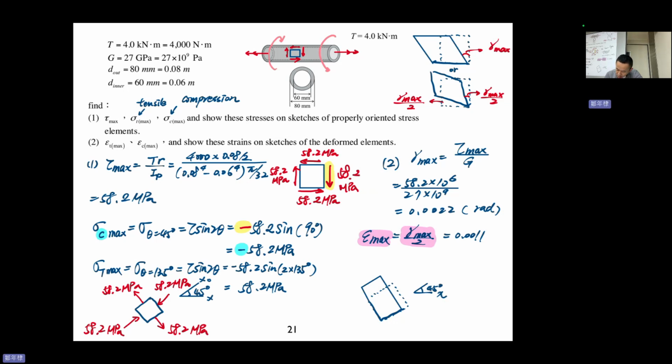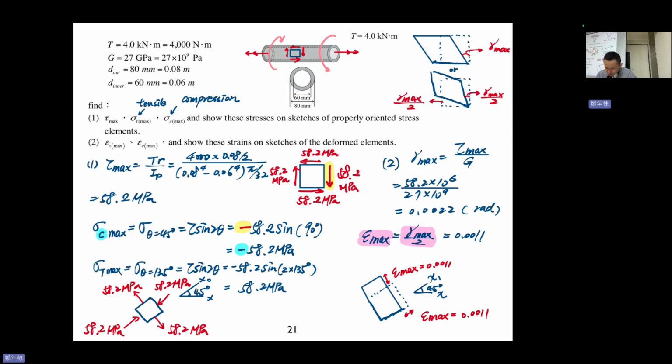And this is the x, and this is the x1, right? And here is epsilon max equal to 0.0011, and the other is, sorry, epsilon max equal to 0.0011.